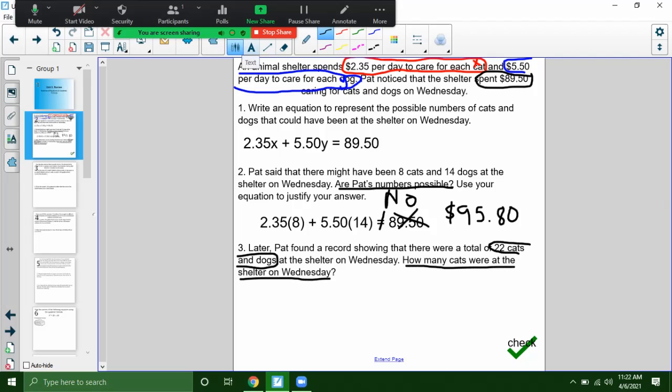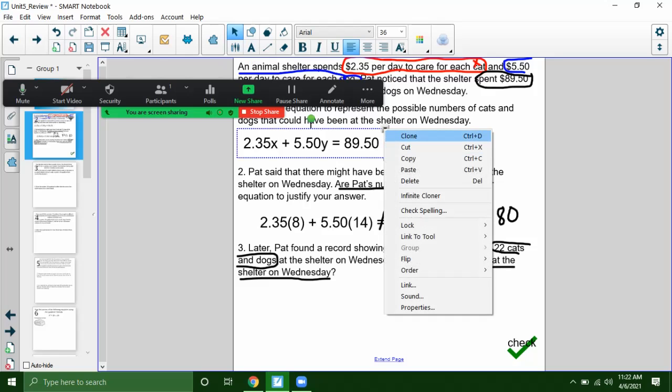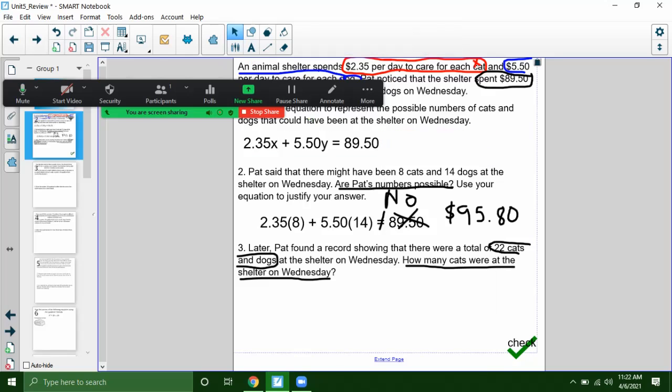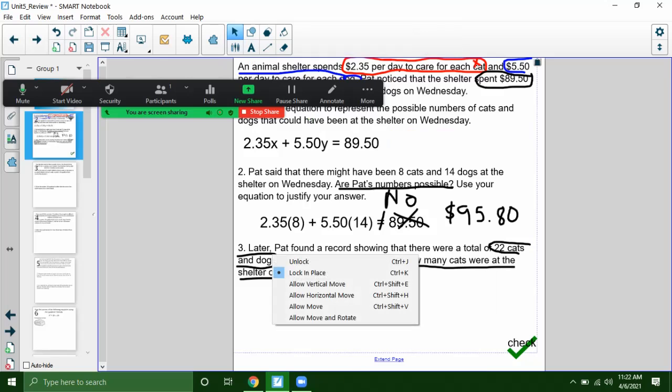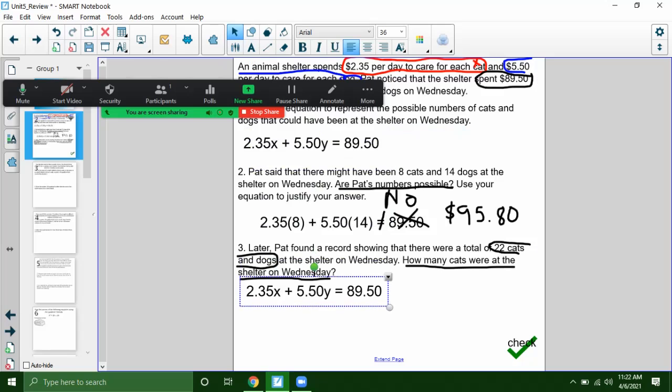Now, notice how we already had the equation in the beginning telling us how much money they wasted. So this first equation, you already had it because that was telling you how much money was actually wasted on Wednesday. So I have that equation. I could write it here again.